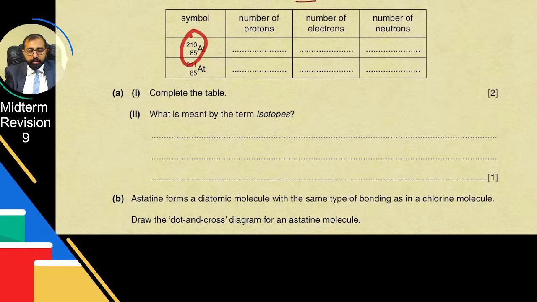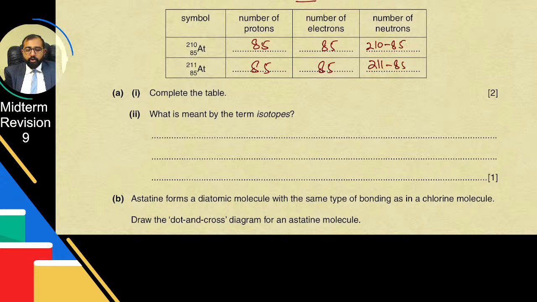So the smaller number on the left side is the proton number and the larger number is the mass number. You subtract them, you get the neutrons. So over here it will be 85, 85, 85 again, 85 again, and then 210 minus 85. तो जो भी आंसर आएगा, और ये 210 minus 85 होगा और ये 211 minus 85 होगा. Whatever the answer is, just write that.